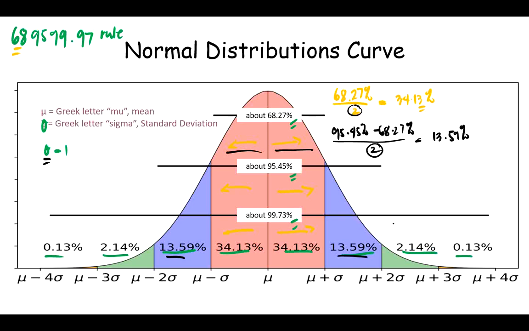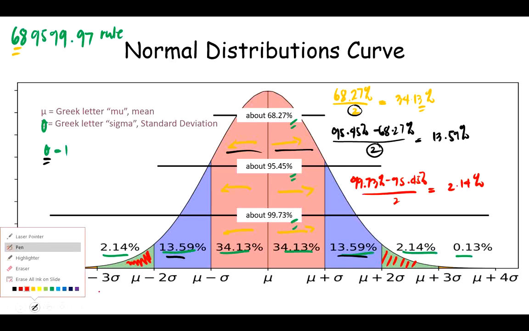Okay? Next, paano natin makukuha si 2.14%? Para makuha natin siya, we have to subtract the 99.73% kay 95.45% and divide them by 2. You will get 2.14%. And this is the area. Ayun yung 2.14%.